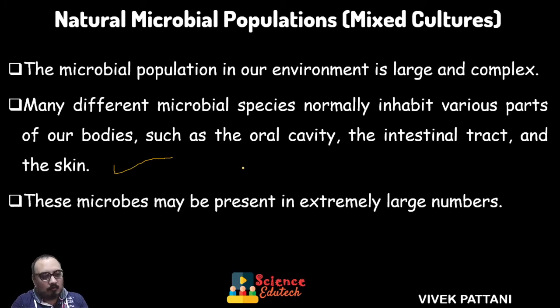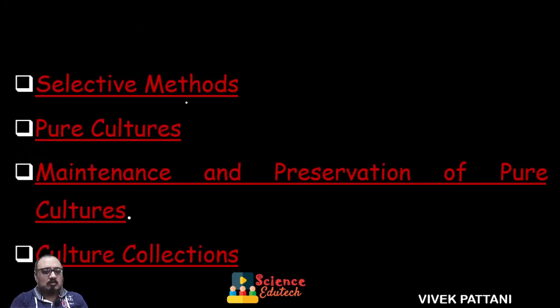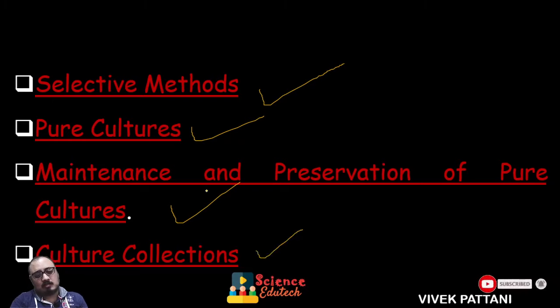It's just an overview, the basic methods: the selective methods, what pure cultures are, how you maintain and preserve pure cultures, and the culture collection centers present in the world. I just listed a few of them; there are numerous culture collection centers.